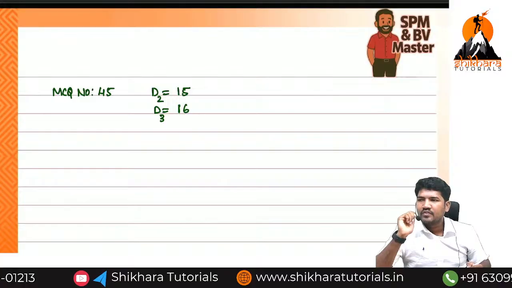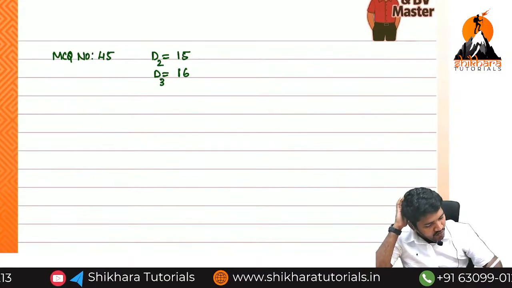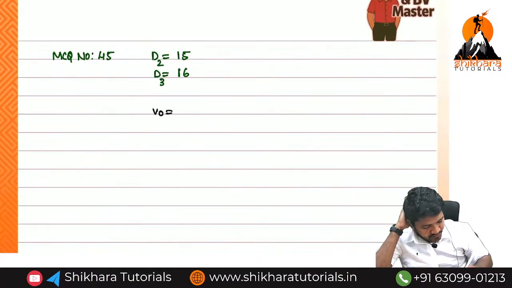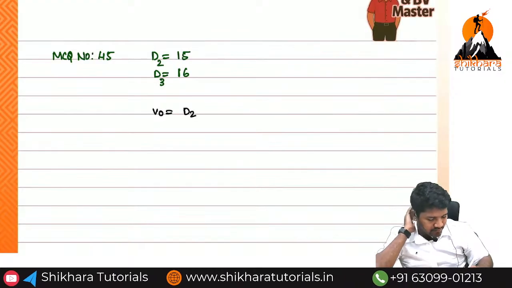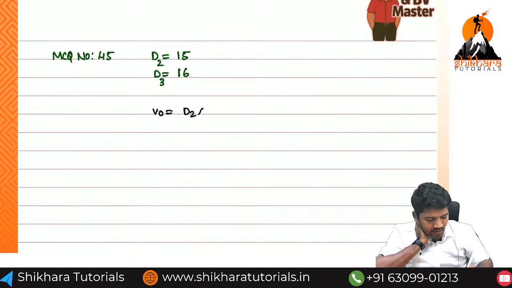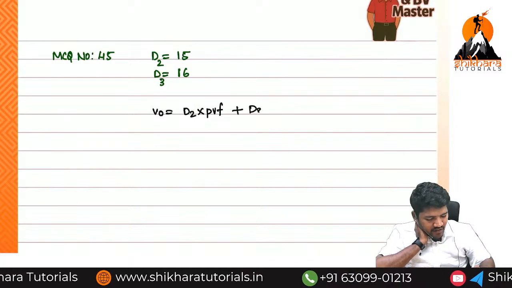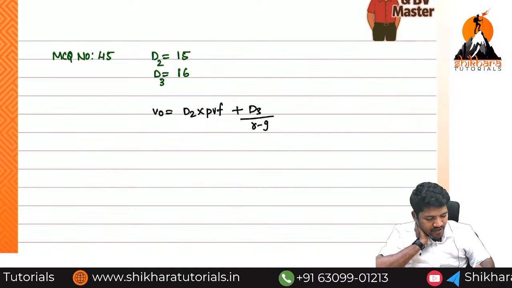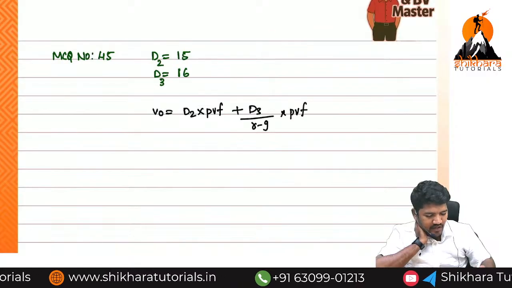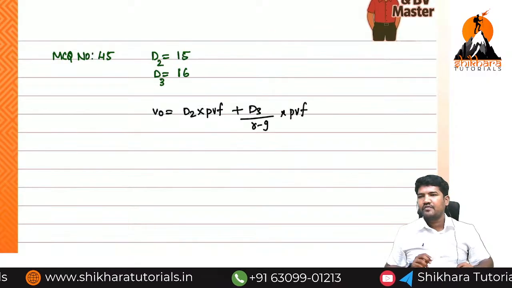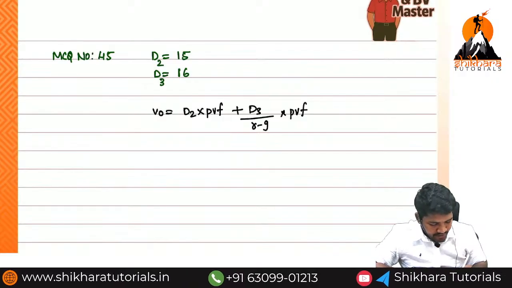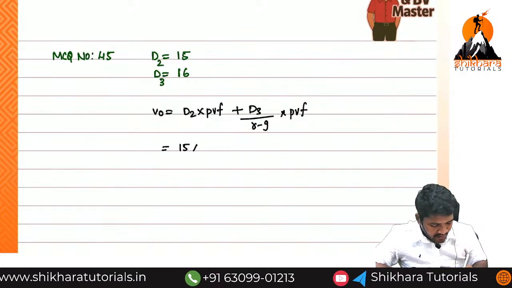Guys, clear? Now V0 equals D2 into present value factor plus D3 divided by R minus G into present value factor. Why? Because D3 talks about perpetual life. Now please tell me D2, 15.